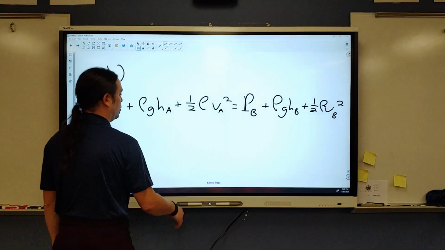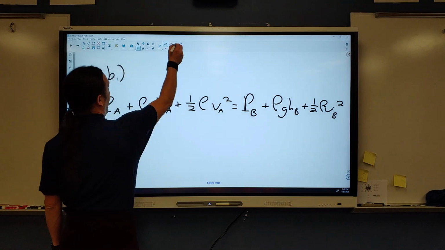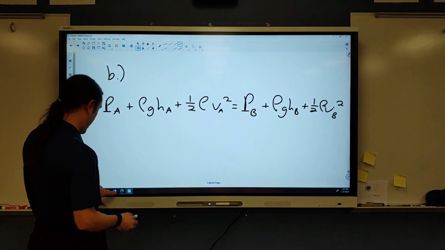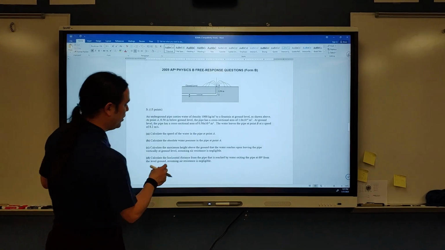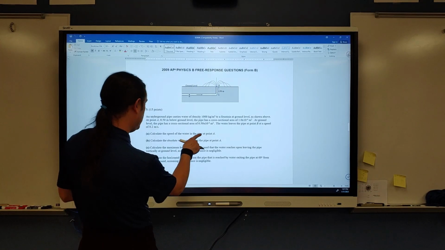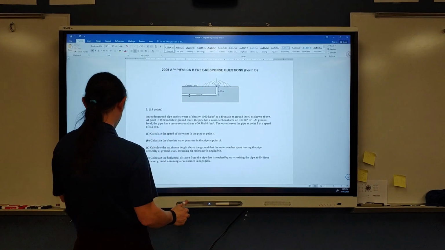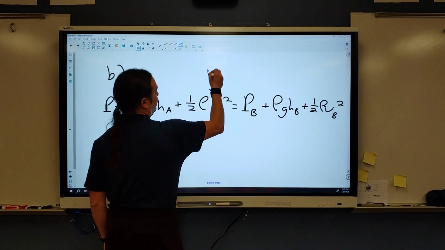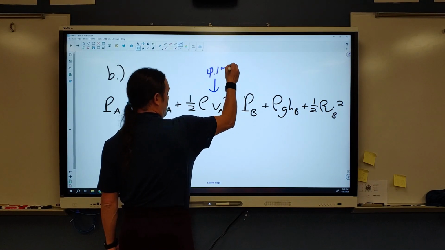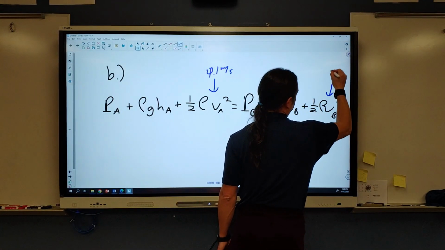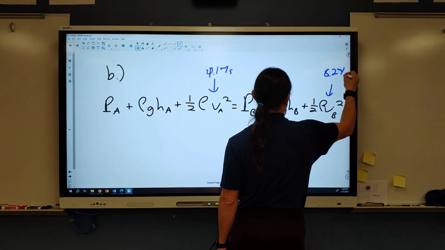The key things we need: we now know that v_A, the speed at point A, where the area was larger, was 4.1 meters per second, and this one was 8.2 meters per second.